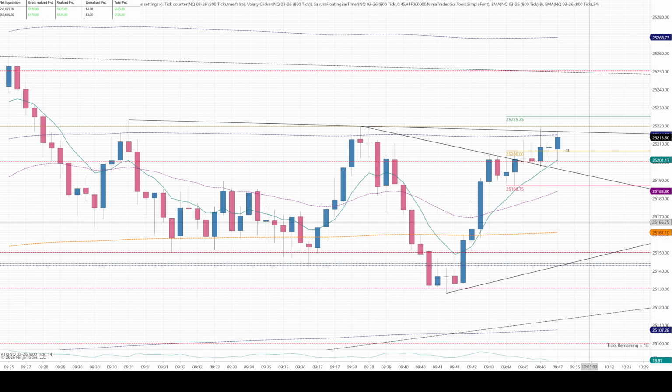There we go. We got 15 points there. You just have to try to read the market and see what makes sense from a probabilistic perspective.